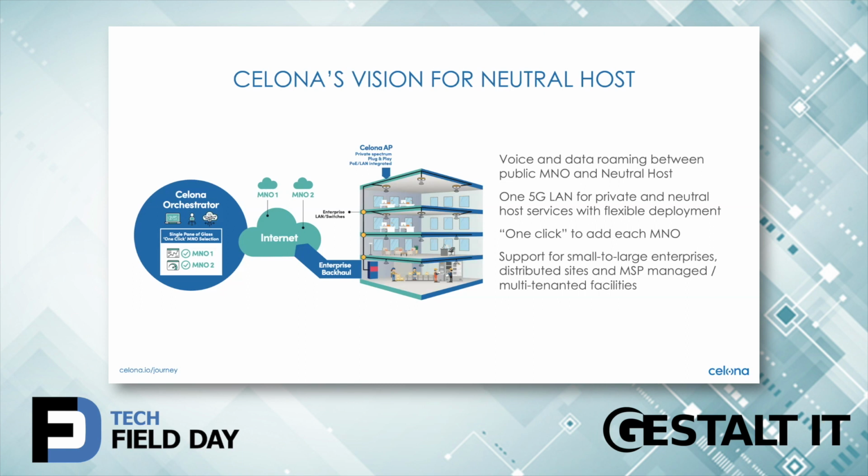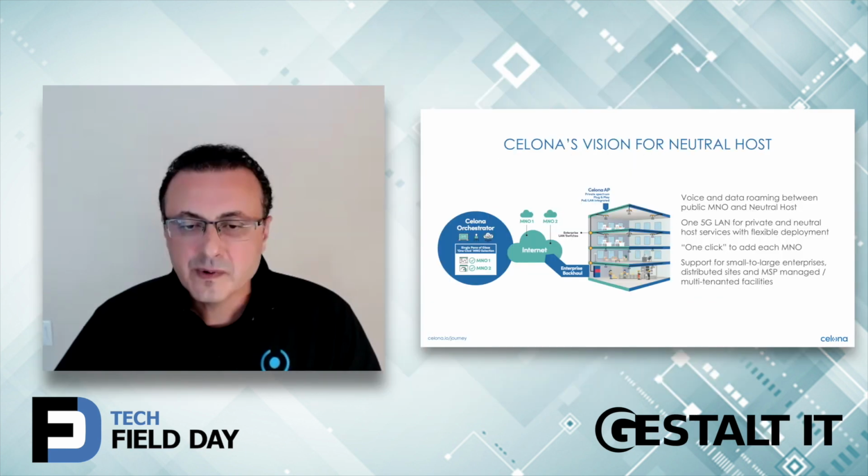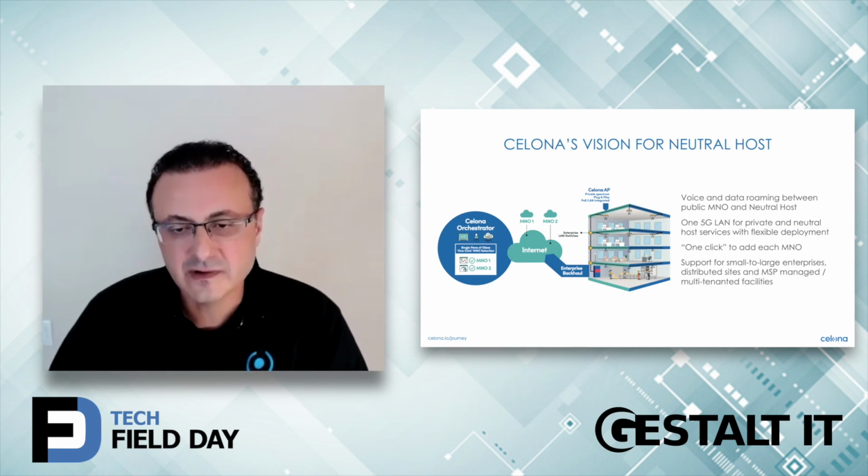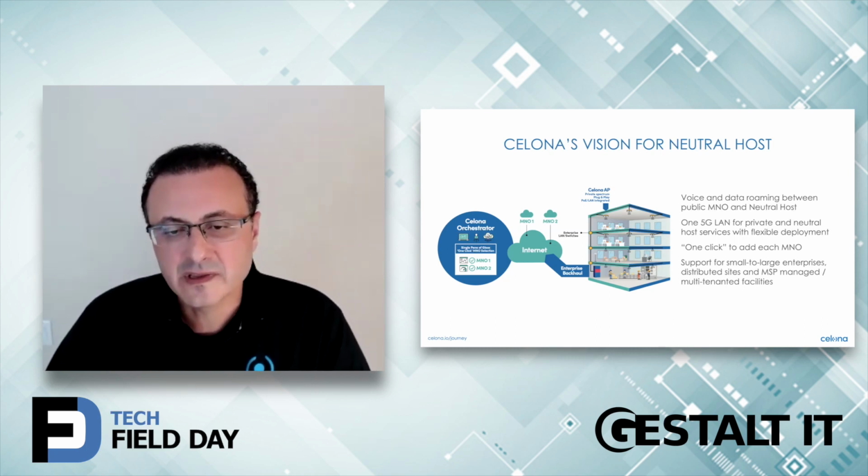And in this case, the devices from public MNOs can come in and get service from the same network. And each operator can be added to this solution through the orchestrator, basically a one-click on the orchestrator to enable the service for each operator.